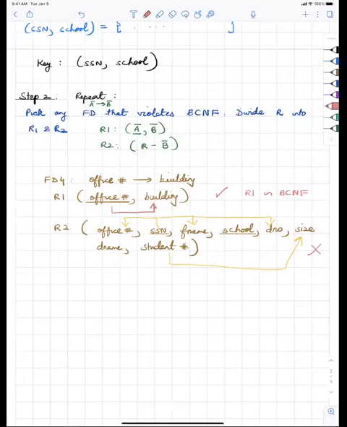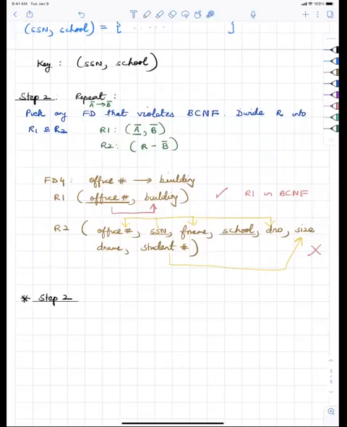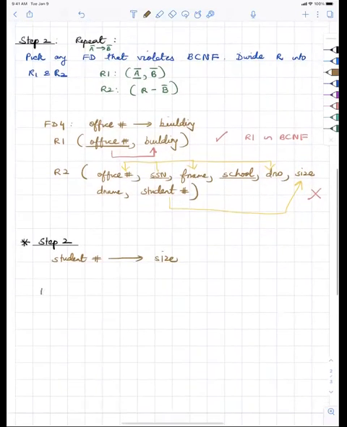So you keep repeating step 2 till we bring everything down. So this is step 2 again. Let's pick this functional dependency, the student number determining size. So we have number of students determining the size of the school. So let's bring R3 to be student number and size, and then R4 is just the rest of the attributes.